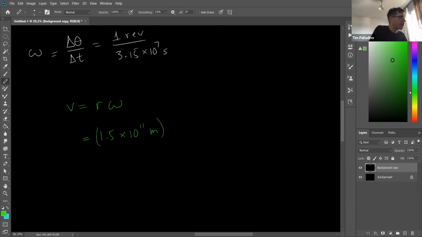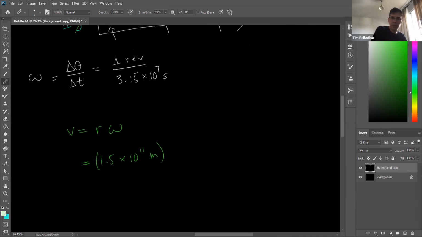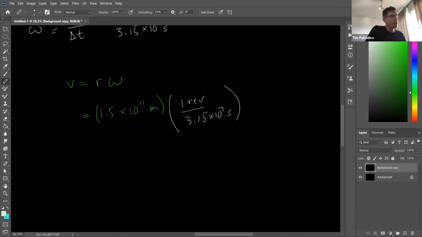And my angular velocity, I found just by taking some information that I know. So this is 1 revolution per 3.15 times 10 to the 7th seconds. And just like a meter times a radian is a meter, a meter times a revolution is still just a meter. It's not a real unit in the sense that it has physical dimensions.